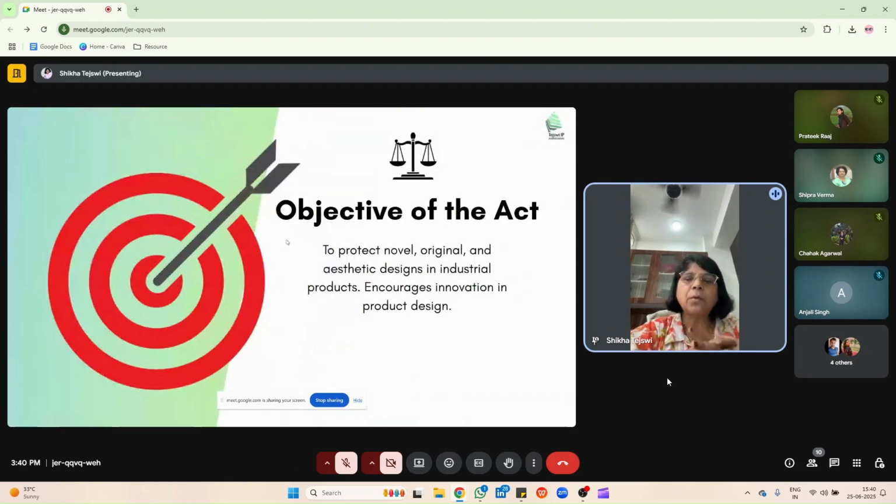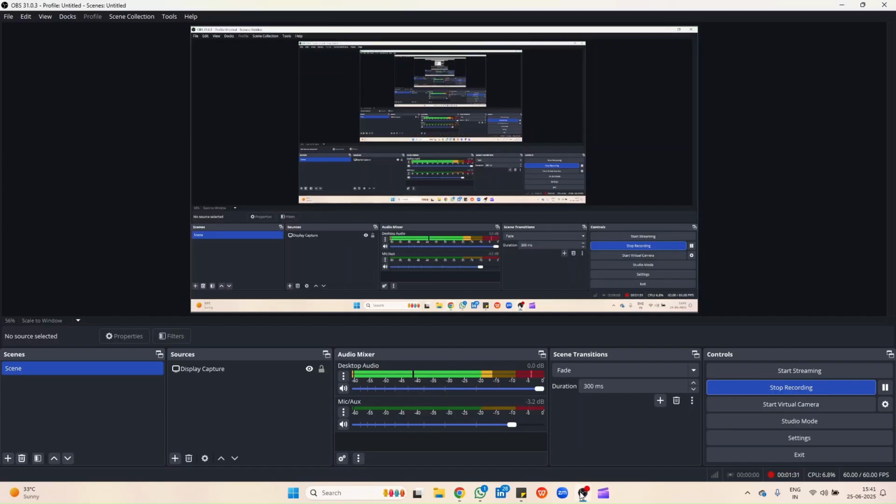So, what is the objective of the act? The objective of this act is to protect a design which is novel, that is new, and which has an aesthetic quality and is appealing to the eye. Those kinds of designs which can be put on any industrial product, 2D or 3D, can be protected by way of the Design Act, but it should not have any structural or functional aspect, since those are protected by way of patents.